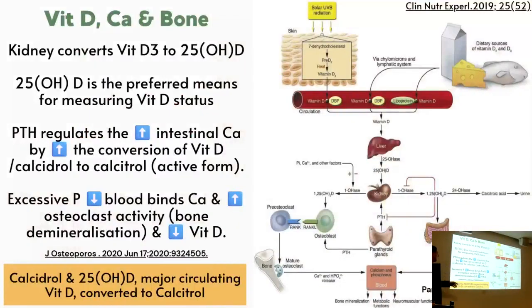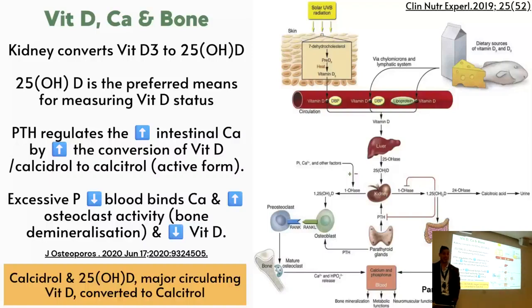So I mentioned this already. This is vitamin D metabolism, so we get it on our skin, converted from pre-vitamin D to vitamin D3, enters our bloodstream alongside our dietary sources, stored in the liver. Parathyroid hormone is released. Maybe there's a lack of calcium in our bloodstream.